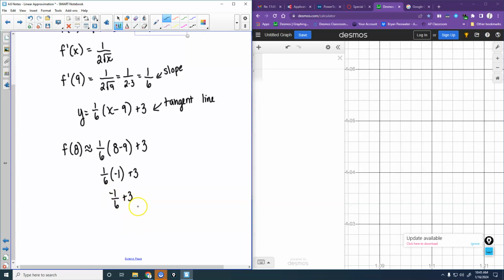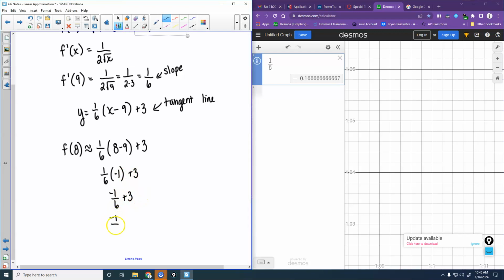You could do, I don't know the sixes as well. It's like, what is it, 0.16 repeating, I think, for the sixes. Yeah, 0.16 repeating. So you could use a decimal if you want here, or you could use fractions. Let's do fractions this time.